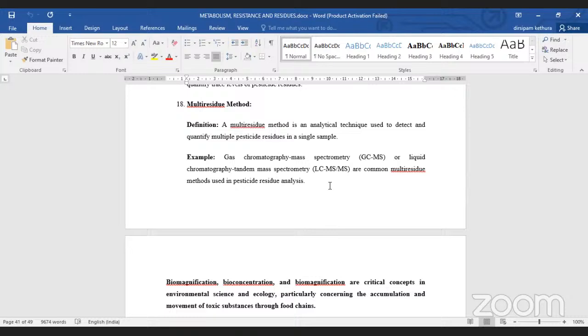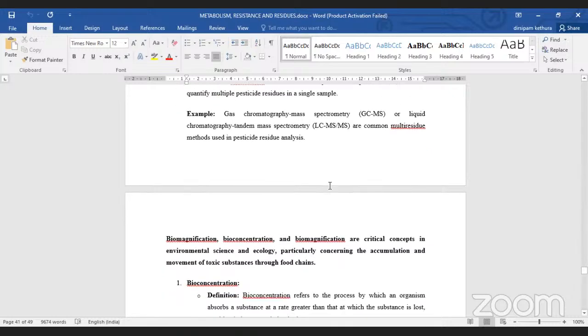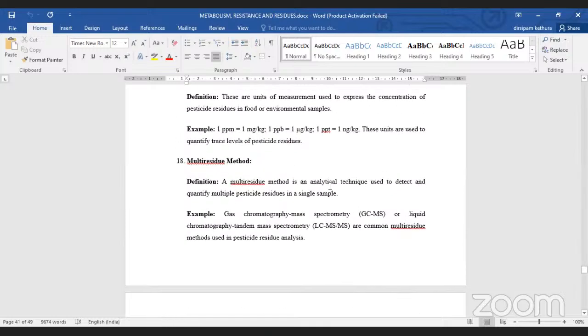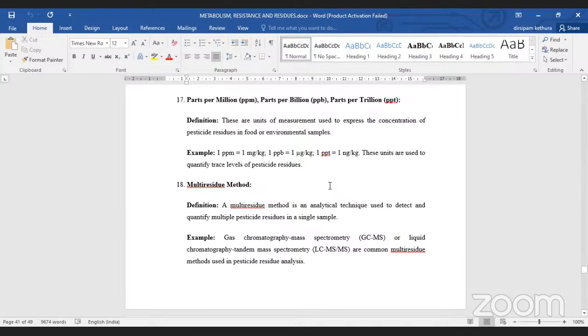These are the examples of the different types of the analytical techniques that can be used to quantify the pesticide residues. These are the different terminologies that can be used in pesticide residue analysis. A total of 18 we have studied under this.